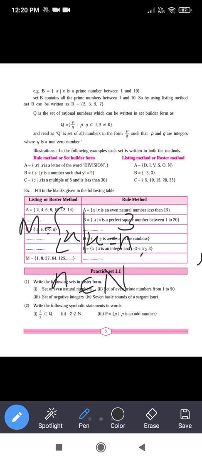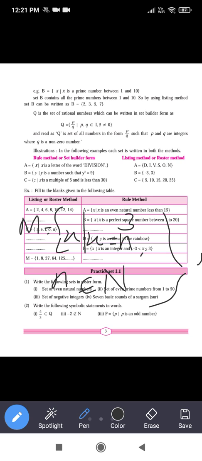It is enough now, because if there is a full stop in the listing method, then we have to write down its borders, its limits. But here so on is shown, that's why we write n belongs to natural numbers. So this is set M in the rule method.